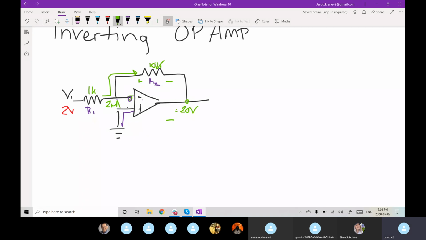We get a nice negative 20 volts. And we can see that the gain for the inverting is just R2 over R1. There's no extra +1, there's nothing to it. Just whatever we have for R2 divided by R1, invert it.